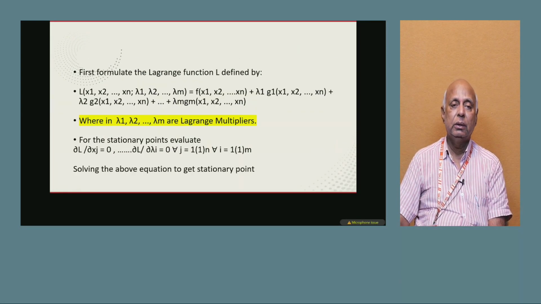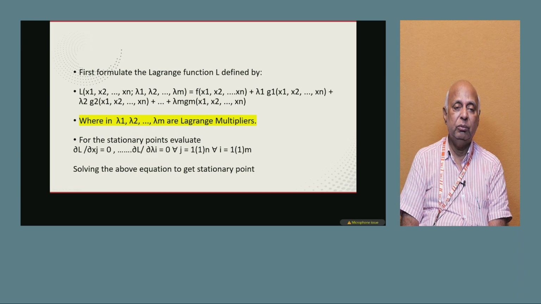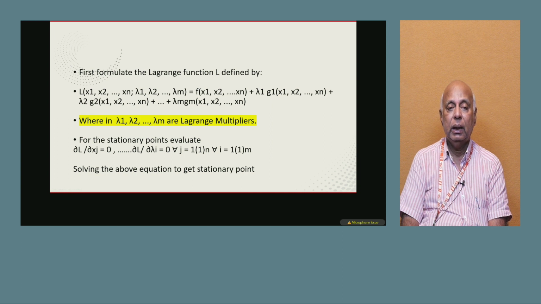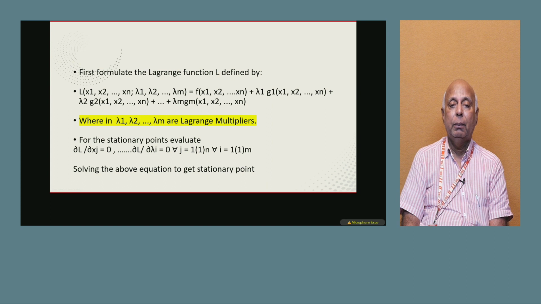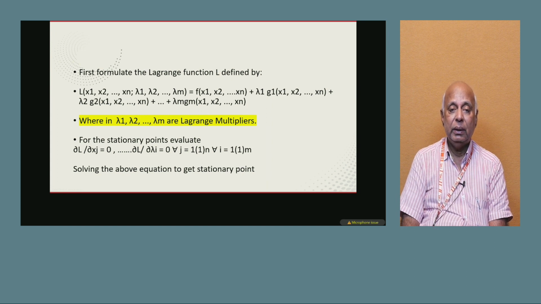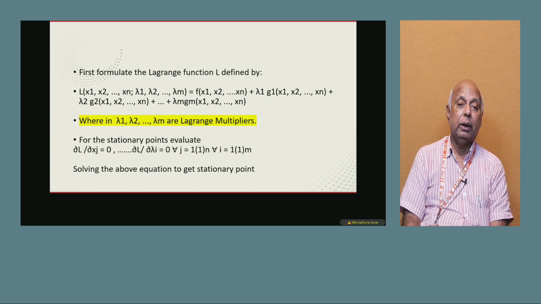Now to formulate the problem we say L is defined as L of x1, x2 up to xn, lambda 1, lambda 2 up to lambda m, is equal to f of the variables x1, x2, xn plus lambda 1 g1, that is the condition, plus lambda 2 g2, that is the second constraint, plus lambda m gm, that is the m-th constraint.